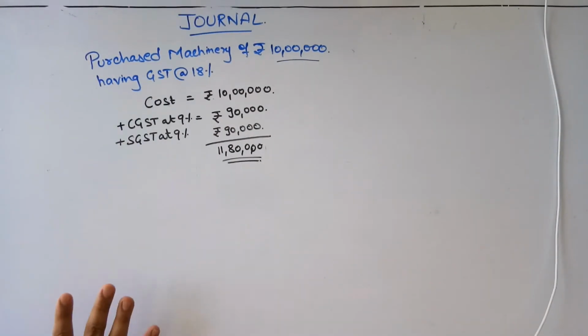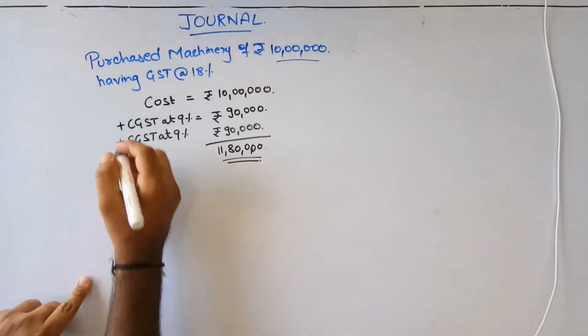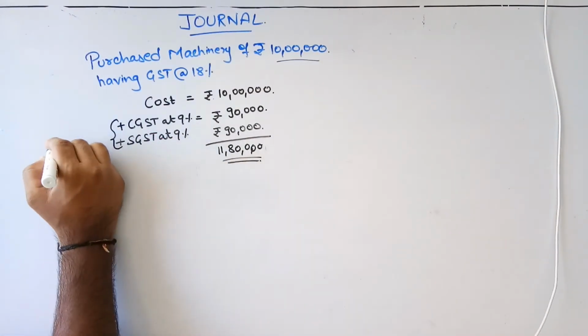Very important, very nicely. Now understand one thing, that over here we have purchased the machinery. So in the case of purchase of any machinery, both these GSTs will be called input GSTs.